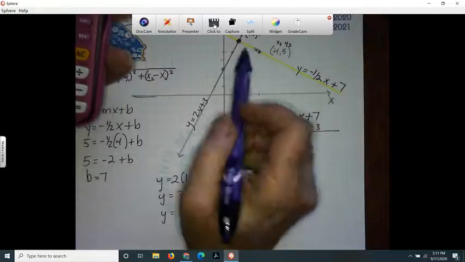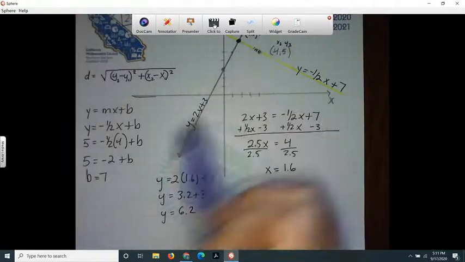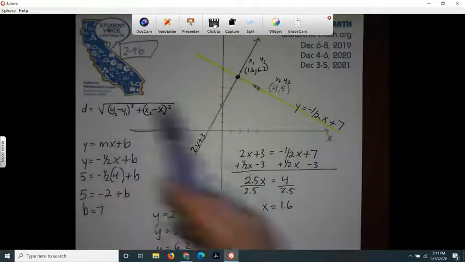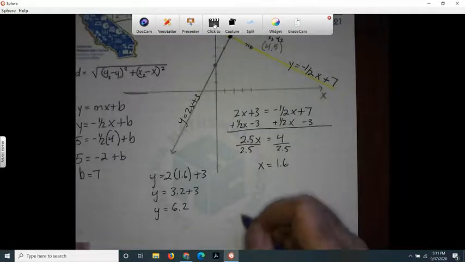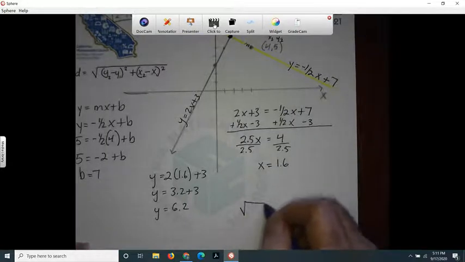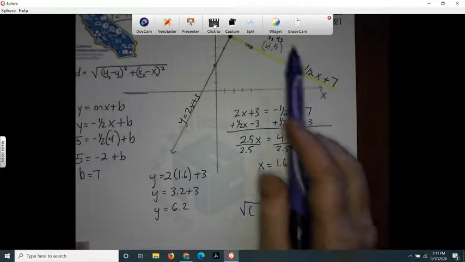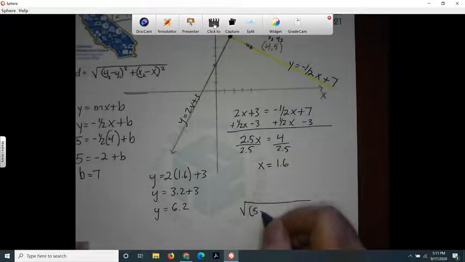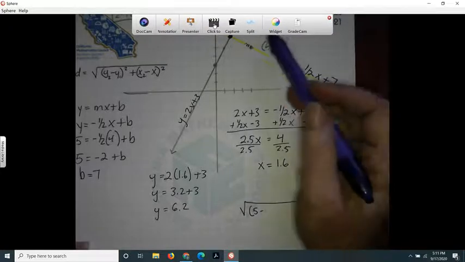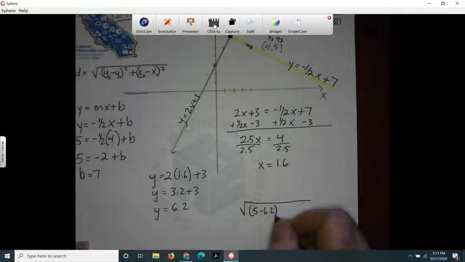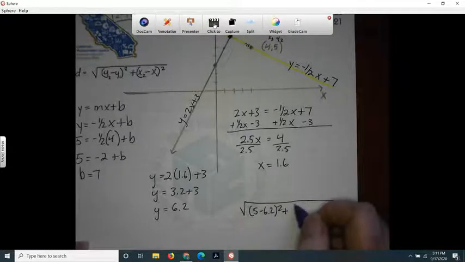So now I have 2 points. I have my x1s, my y1s, or whatever. So it says y2 minus y1 squared. I think I'm going to carry this on down here. There's not enough room up there. y2, which is 5, minus y1, which is 6.2, squared, plus the x's.